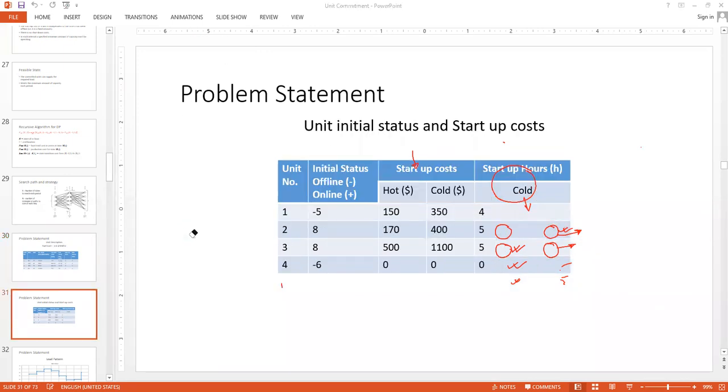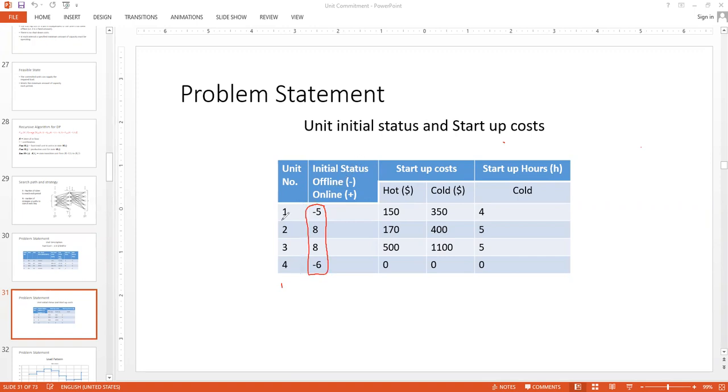Now another information table is there, which is about the status and the startup costs. The status for all the 4 units tells the current status, on or off, online or offline, for each of the units.